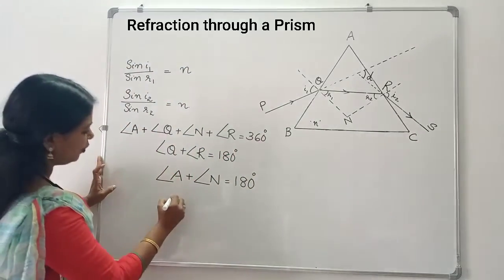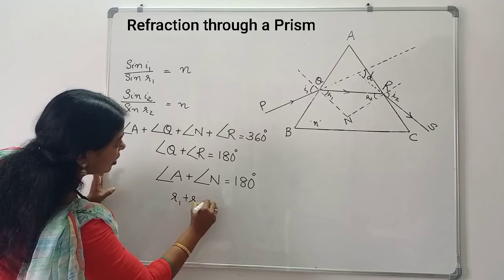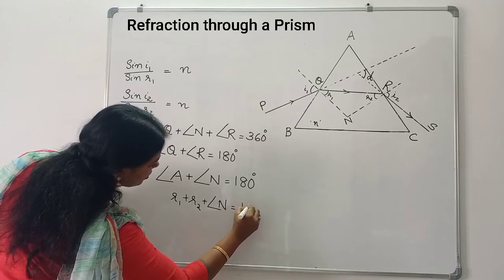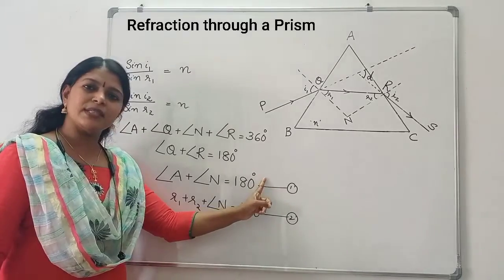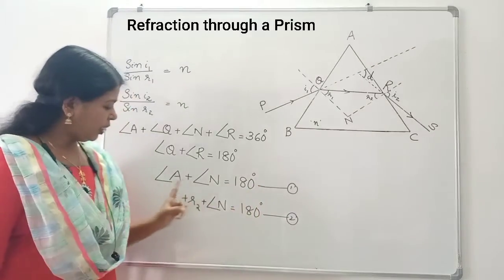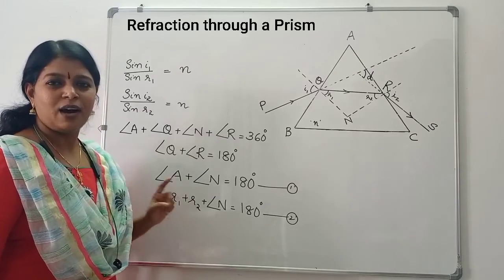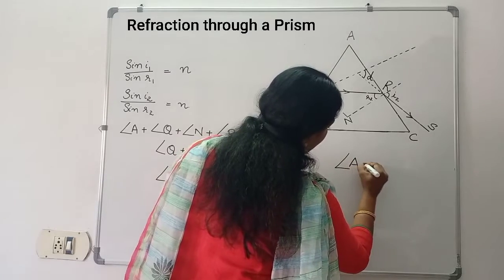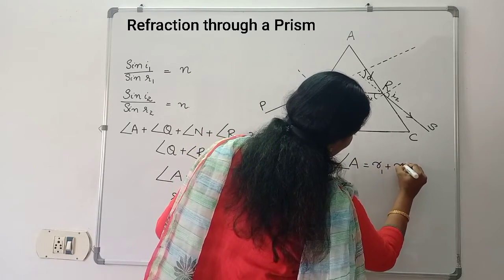From equation 1 and 2, angle A is equal to R1 plus R2.